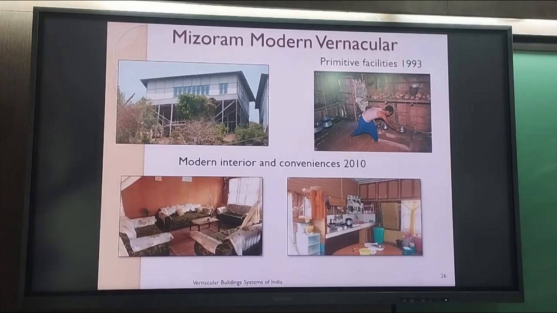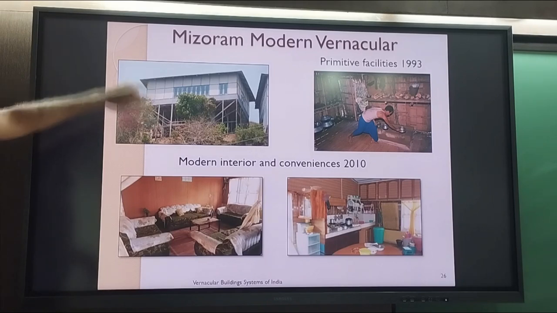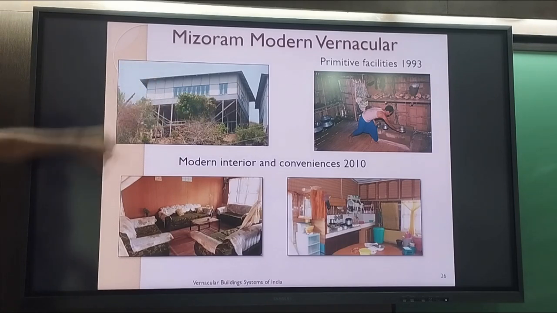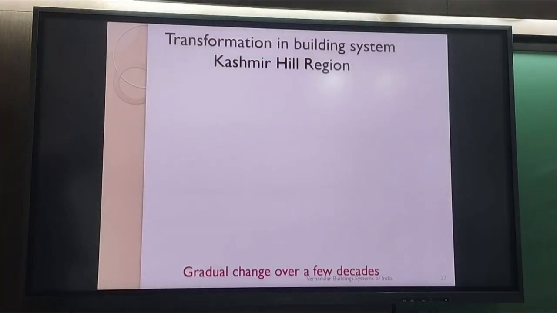In 2010, this is a modern house, again made of bison panel, tin. There's also tin here. It's on wooden stilts. There's wooden framing inside, all right? And you see the interior. Modern kitchen and all that, all right? So it could be like any other modern house anywhere else.